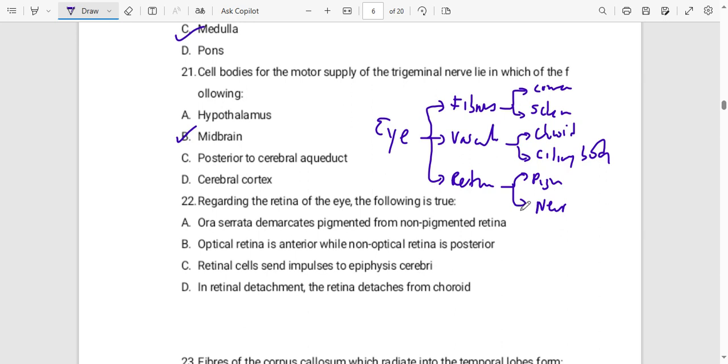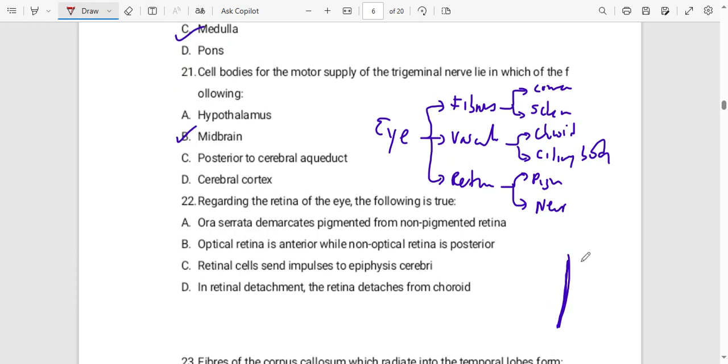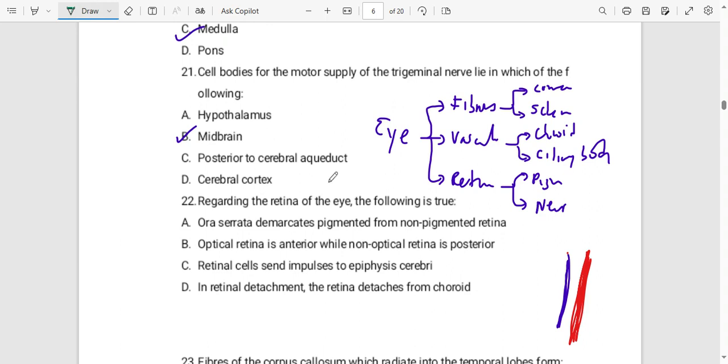So the ora serrata is a separation between these. Outside you have the sclera, and then the choroid. As you go more inside you have the retina.